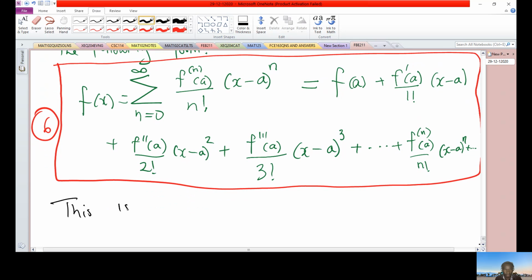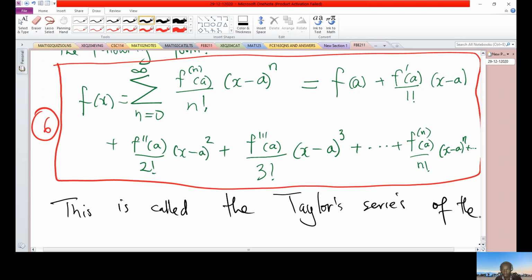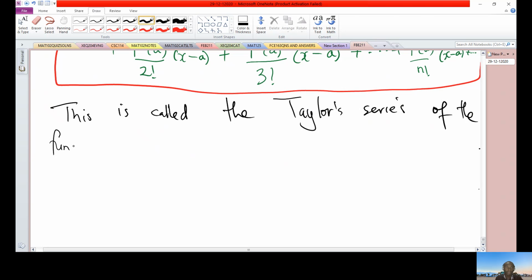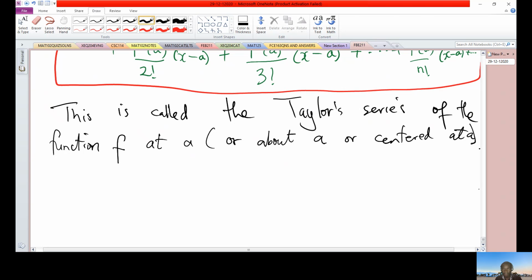This equation 6 is called the Taylor series of the function f at a, or about a, or centered at a.